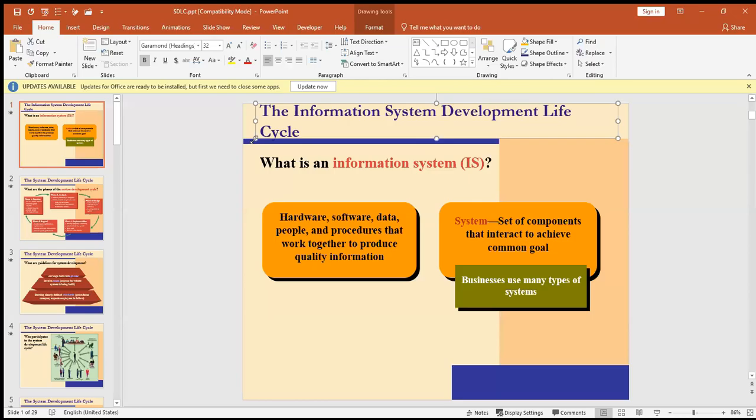So today we are looking at the information systems development life cycle. Okay, so when looking at an information system, just like any other system or any other object, an information system has a cycle. It comes to life, but before coming to life, it is first of all conceived.